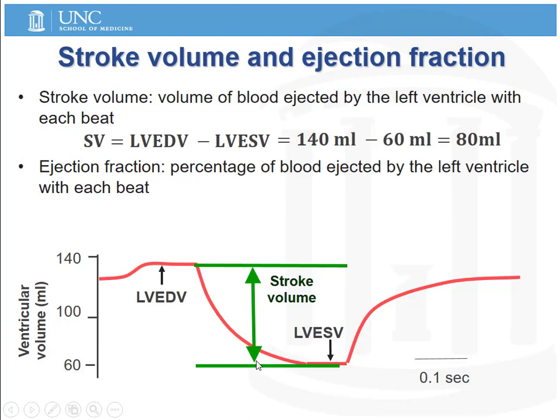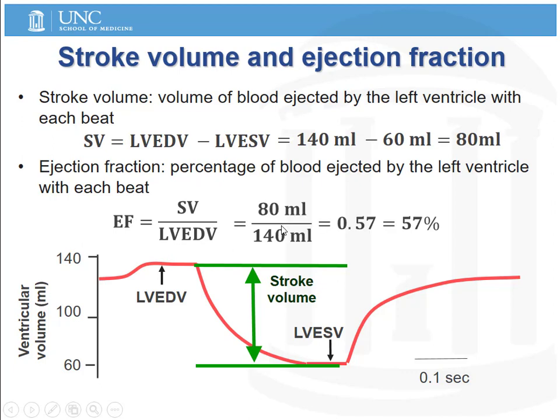So to find the fraction or percentage of blood that was ejected, we'll divide the stroke volume that we just calculated by the total amount of blood in the left ventricle before contraction, or the left ventricular end diastolic volume. So 80 milliliters divided by 140 milliliters, or about 0.57 or 57%. So in this example, about 57% of the total blood volume was ejected from the left ventricle with this beat of the heart.